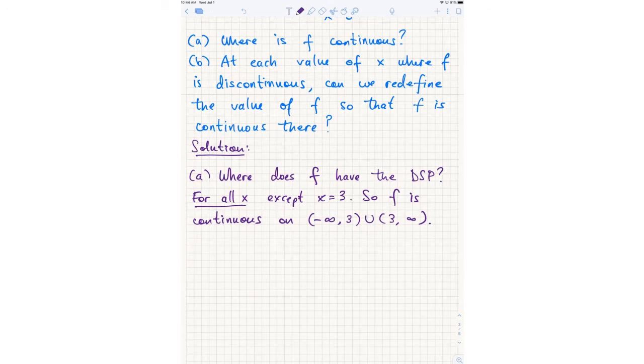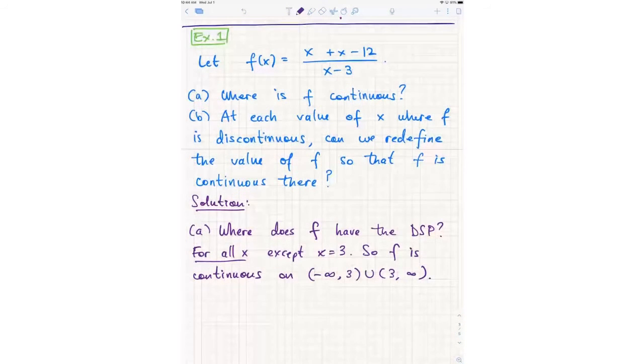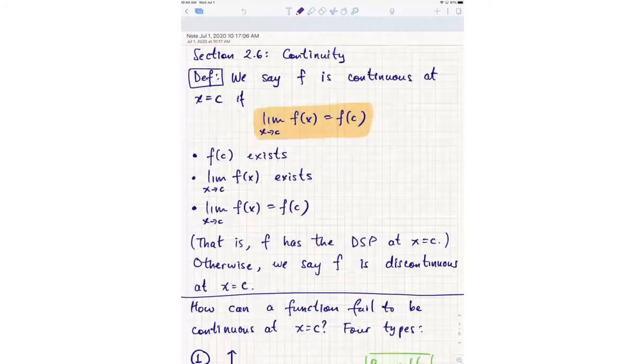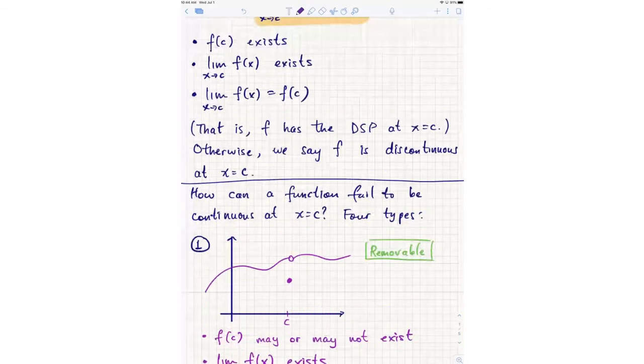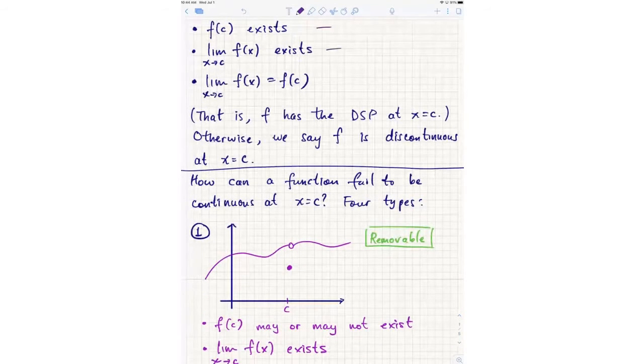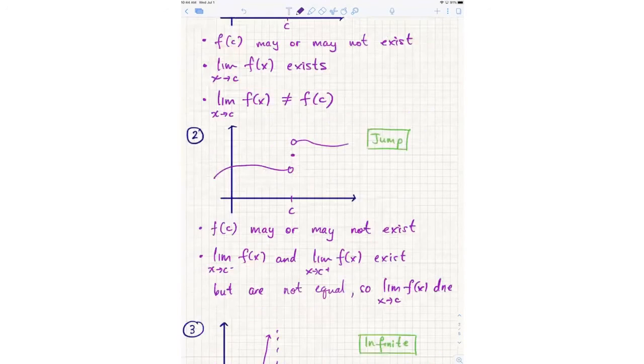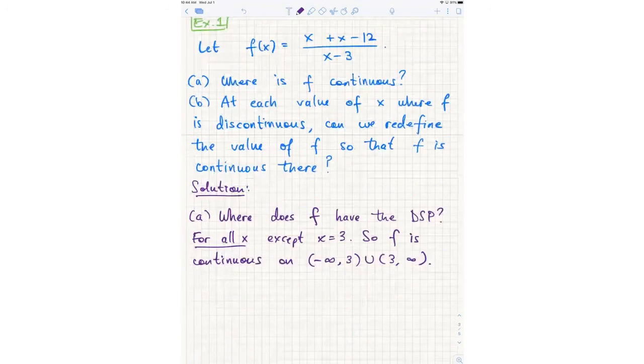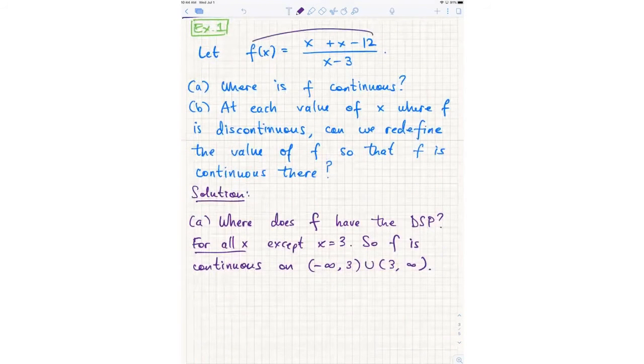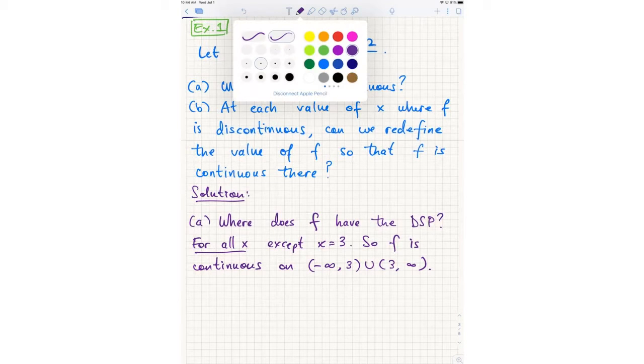Just to put them on the screen temporarily, the three conditions for continuity: f of c exists, the limit exists, and the limit is equal to the function value. Now that we've determined that this function is discontinuous, which of those properties does this function violate at x equals 3?